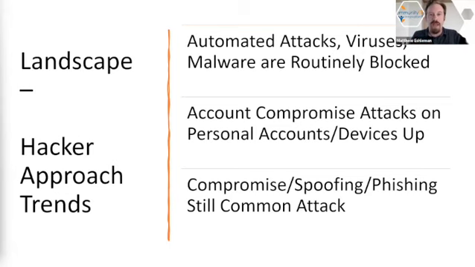So again, a personal Gmail account was maybe used as the password reset email for an organization's LinkedIn account, or somebody's Facebook account used for their organization got hacked through their personal account. And so we're seeing really a blurring of boundaries between work resources and personal resources, and so the same controls that you want to put on your work accounts really need to extend to those personal accounts as well.